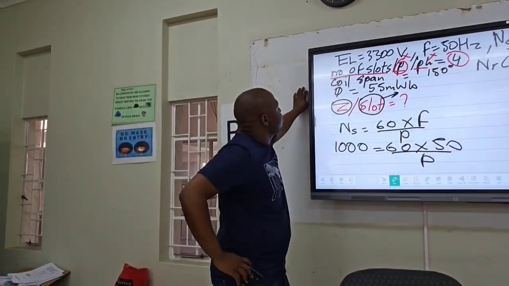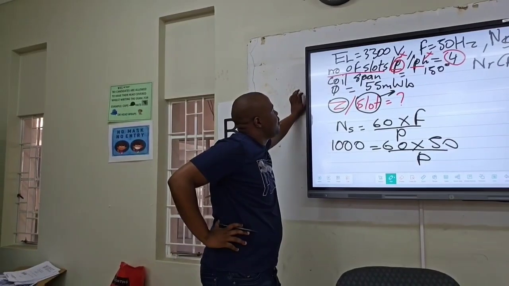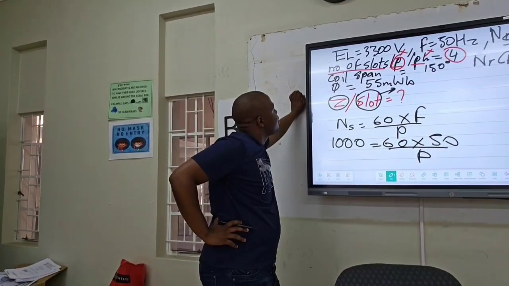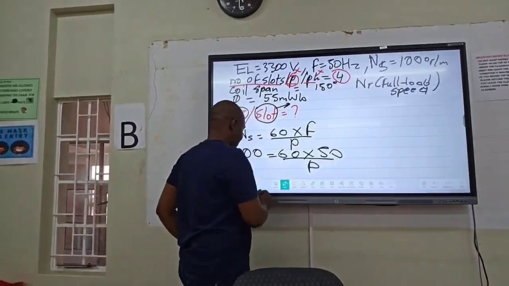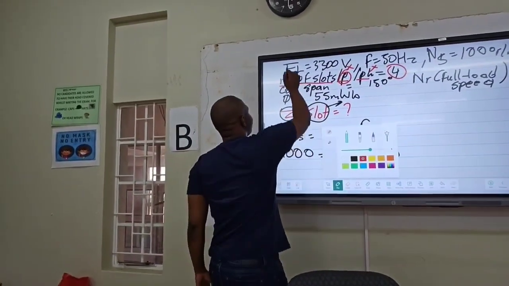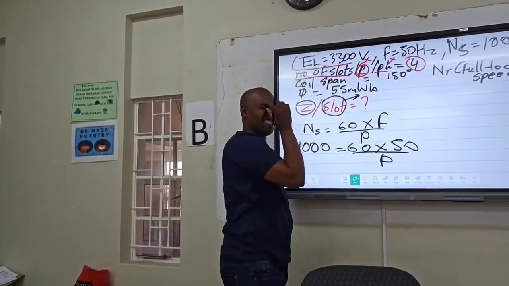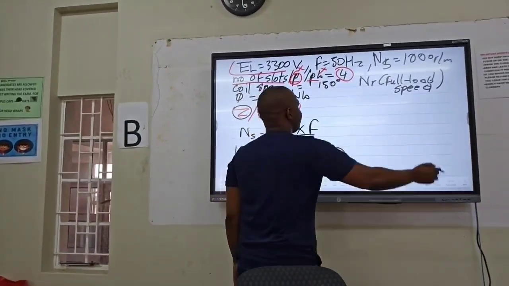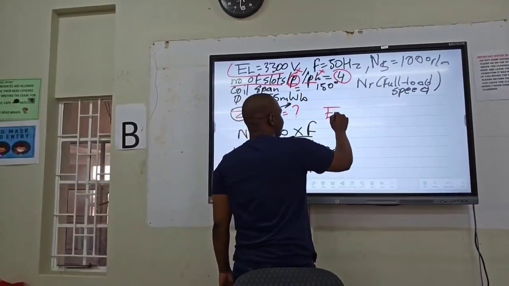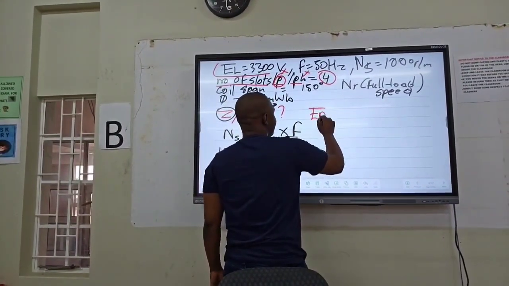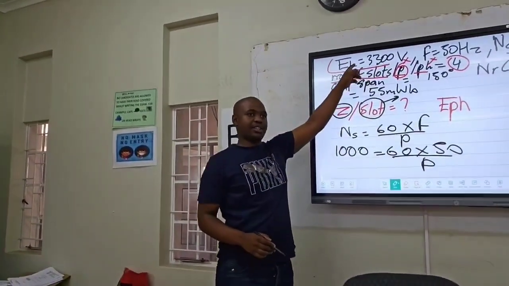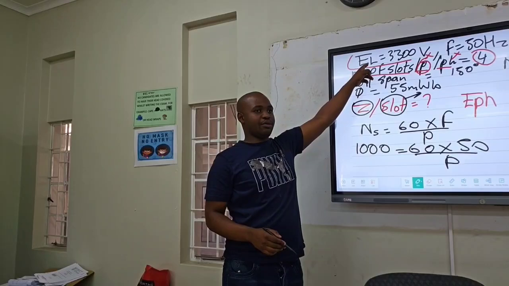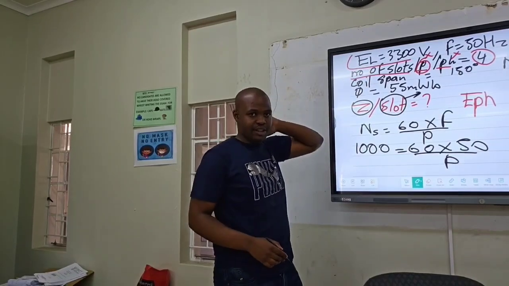Now I need to find the number of conductors. Obviously I'm going to use the EMF equation. That is why I was given that EMF. I must convert the line voltage to phase voltage.